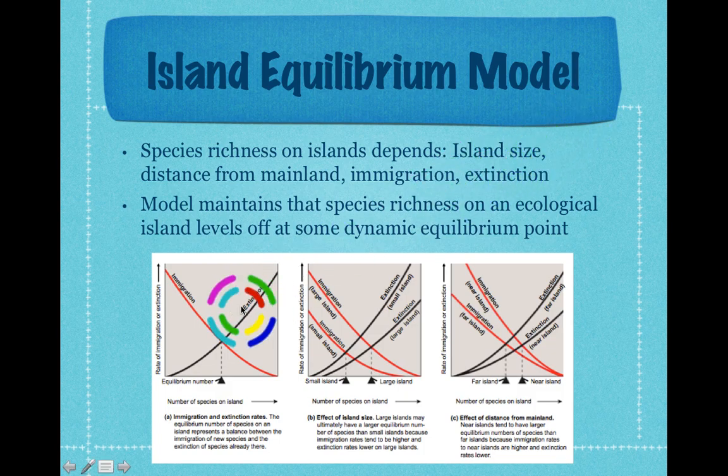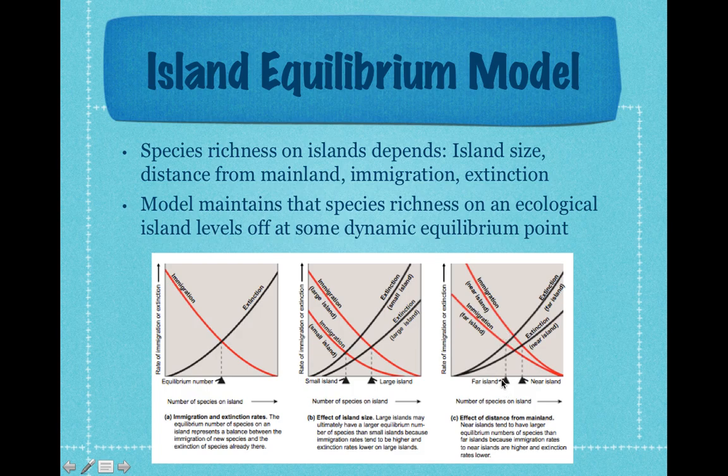If we simply take a look at immigration and extinction, there's a dynamic point to the number of species that can live on that island. You start throwing in sizes: the smaller the island size, the lower that number of species is going to be based on extinction. The larger the island size, the further over the more species you can have. And then with distance, the further away, there's going to be less immigration.